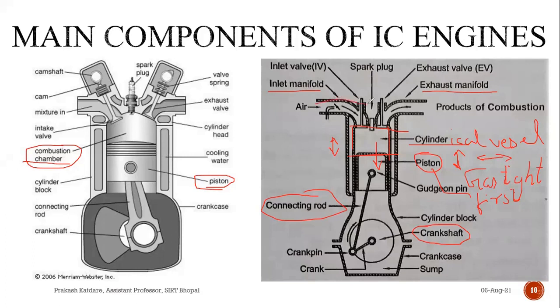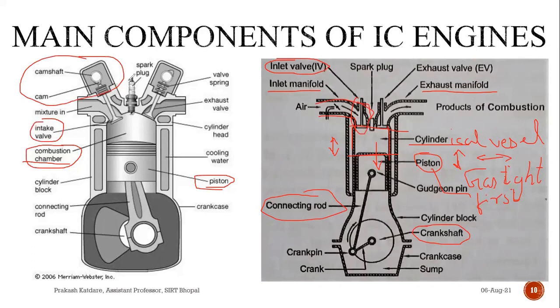This pipe is known as intake manifold, and it connects our inlet valve with the intake system. If you look at the inlet valve in this image, here it is, and above it is the mechanism which operates this valve.